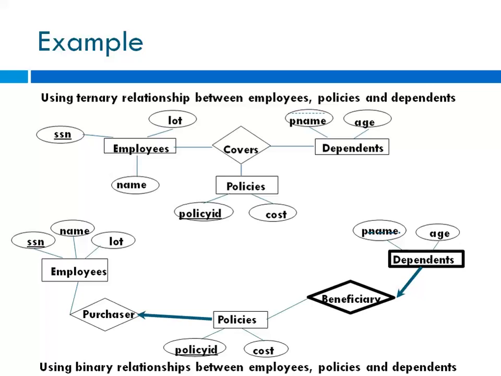If we want to find out which beneficiaries are related to which policies, then we can get the information from here. And if we want to see which employees have purchased which policies, then from this relationship the information can be accessed easily.